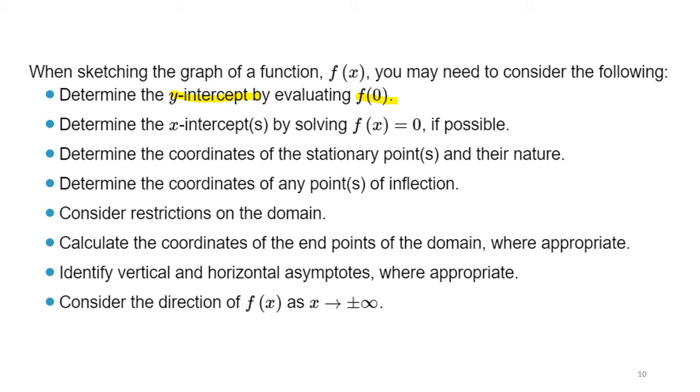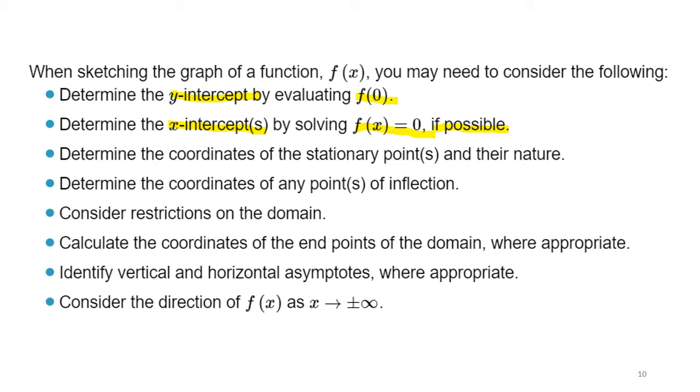Also, you might want to indicate where the x-intercepts are. You set y or f of x equal to 0, and then solve for x to determine where the x-intercepts are. Sometimes I put a note, if possible. It might not be possible because you might have a graph that doesn't cross the x-axis.